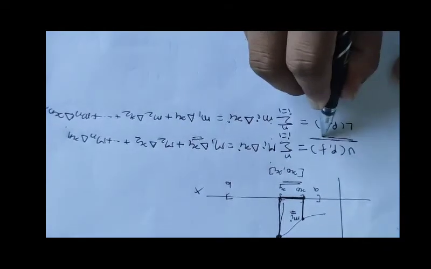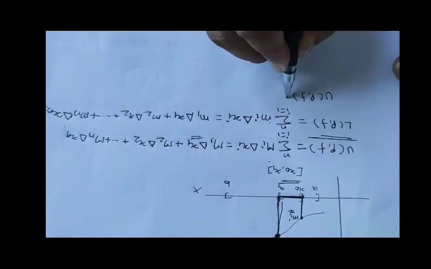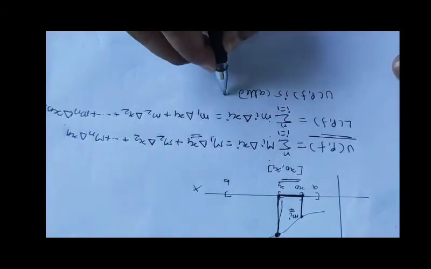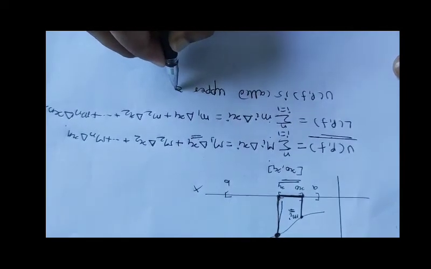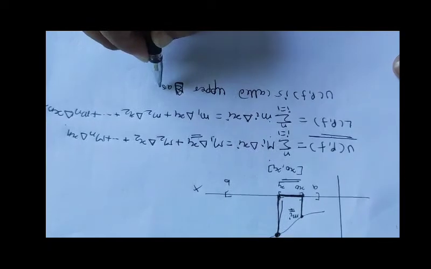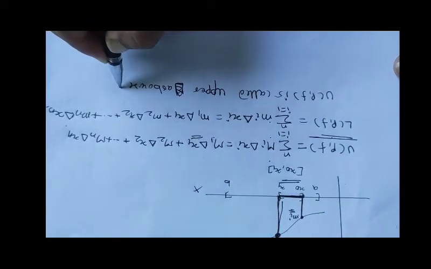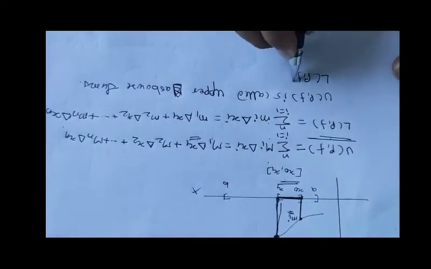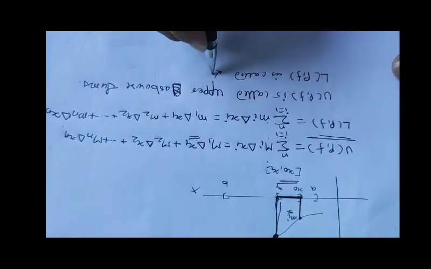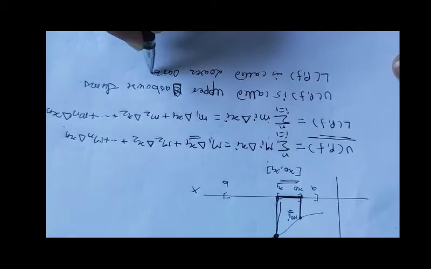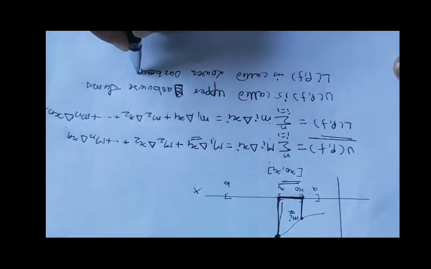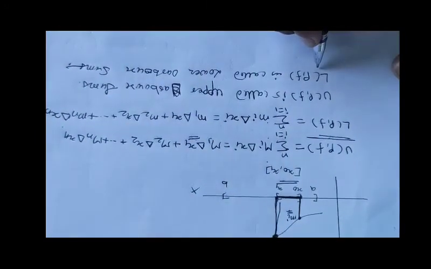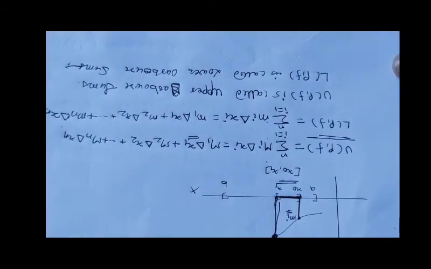This U(P, f) is called the upper Darboux sum, and this L(P, f) is called the lower Darboux sum of f corresponding to the partition P.